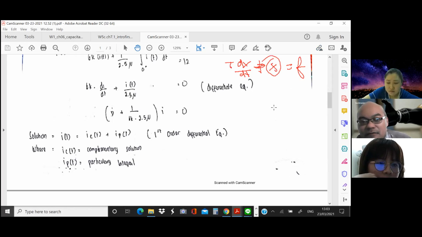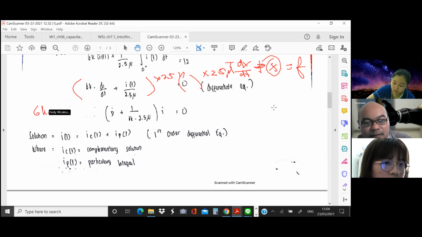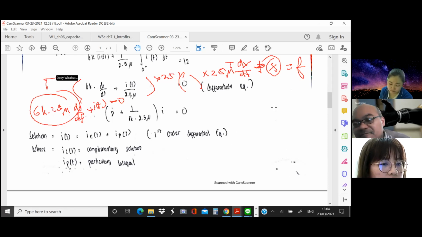In order to make it 1, you have to multiply this by 2.5 micro. The result should be 6K times 2.5 micro di/dt plus i(t) equals 0. From here, you know that this will be the tau of your answer.